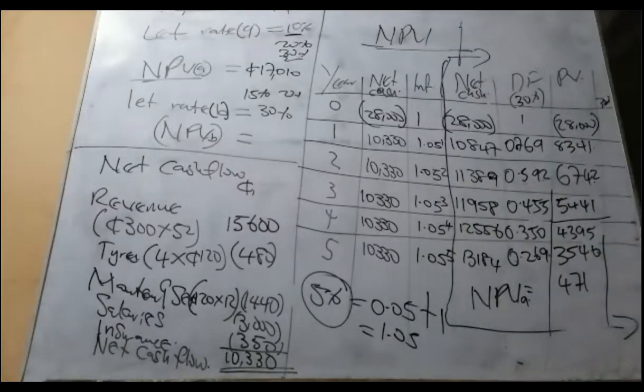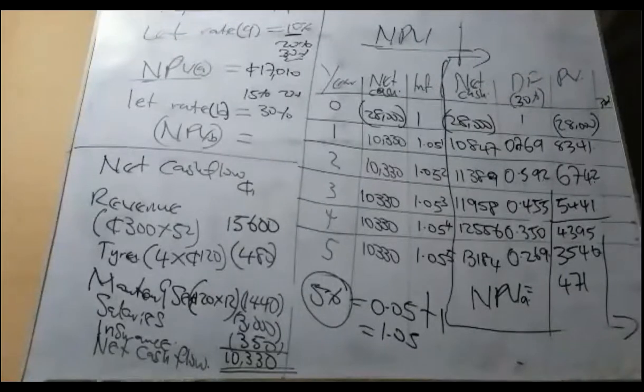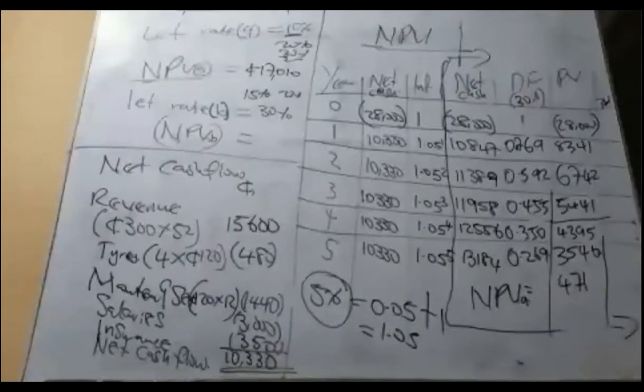That's minus 28,000 plus 8341 plus 6742 plus 5441 plus 4395 plus 3546. So 465. Great.